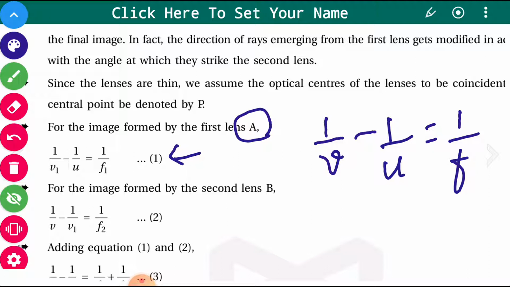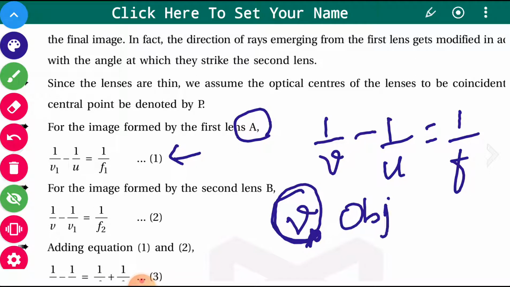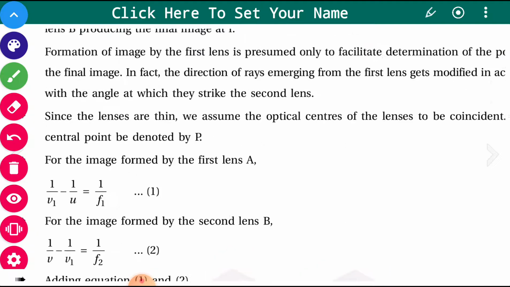For the second lens, the image distance is v and the object distance is v1, because I1 behaves as an intermediate virtual object for the second lens.